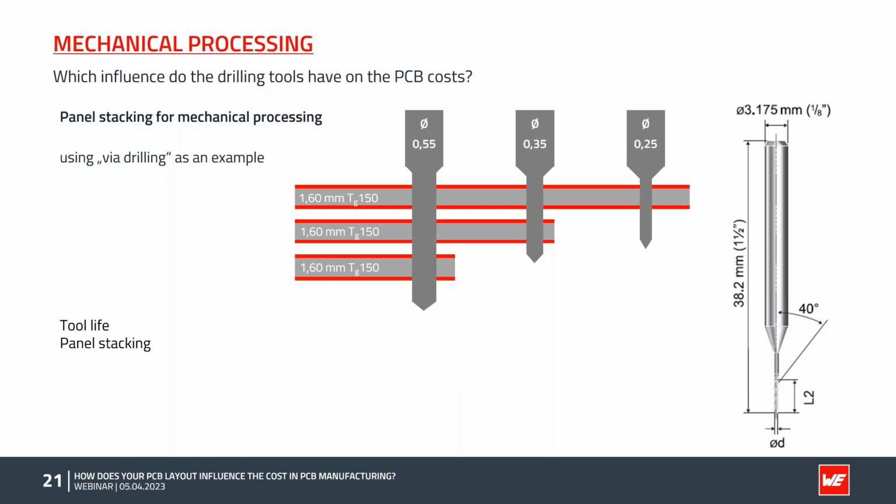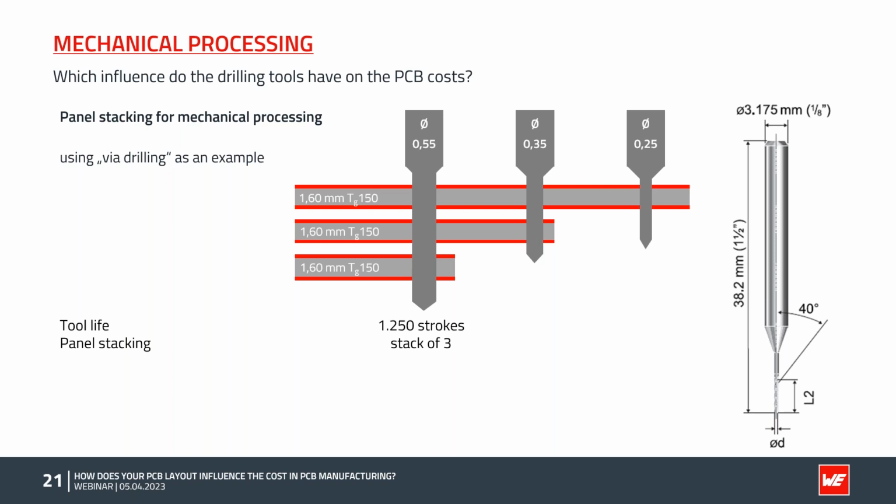The smaller the drill bit gets, the more it tends to be deflected when it goes through the material, so that the entry point on top is often not the same as the exit point on the bottom. And this might lead to critical issues. For example, when you look at remaining ring requirements in IPC class 2 or IPC class 3, where you have different requirements for how big the remaining ring still needs to be so that it's an okay PCB.